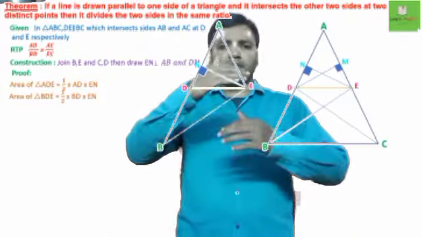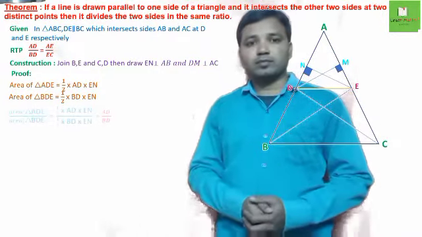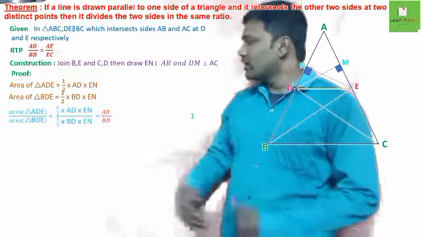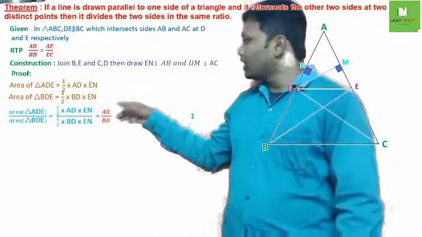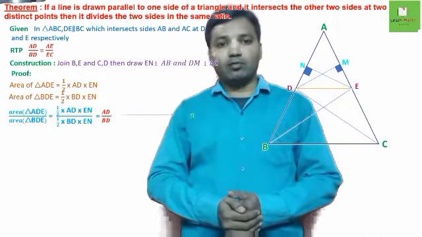If you divide these two areas, then by simplification we get AD by DB as the value.